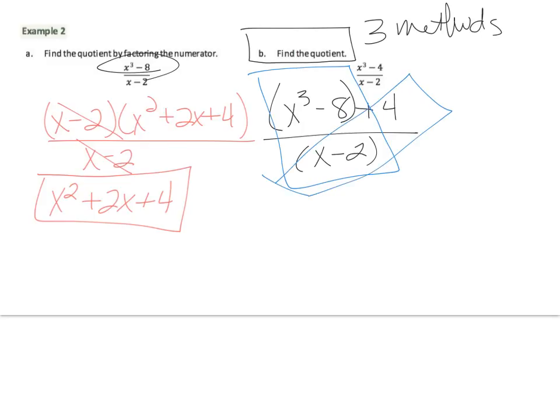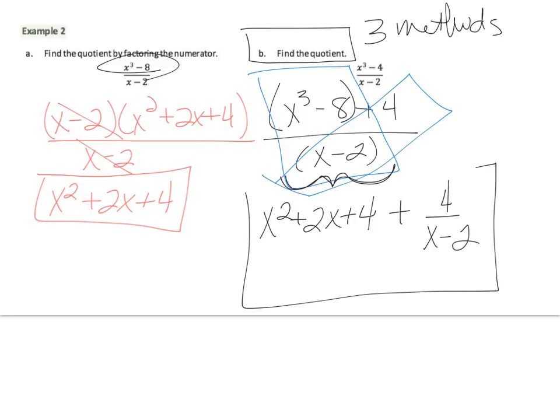Okay, this is going to be our leftovers. So let's do it. We're going to have x squared plus 2x plus 4, which is this part of the problem, correct? And then our remainder is going to be 4 over x minus 2. So if that makes sense to you, if you like that method, it seems to be pretty quick. Let's try the other 2 methods.